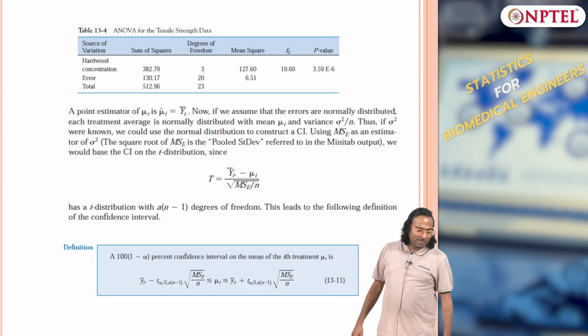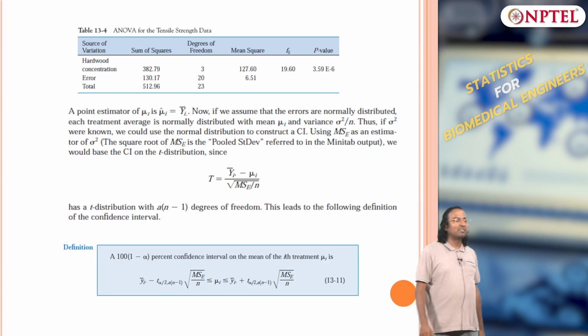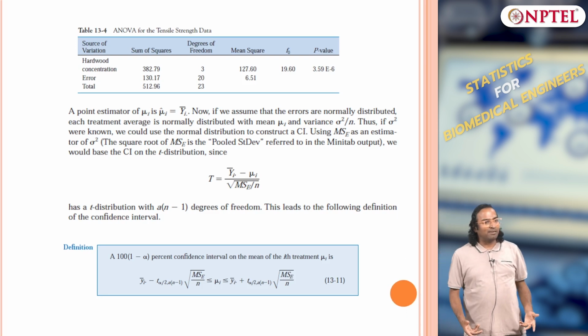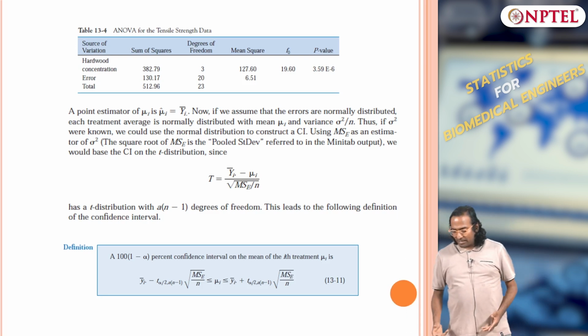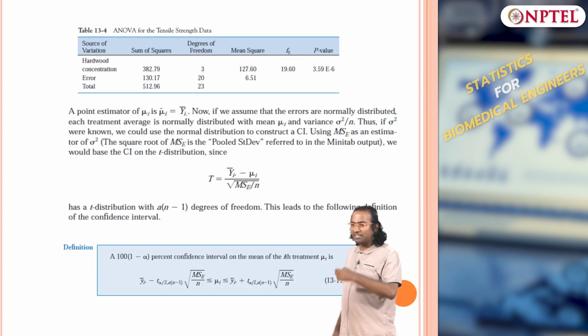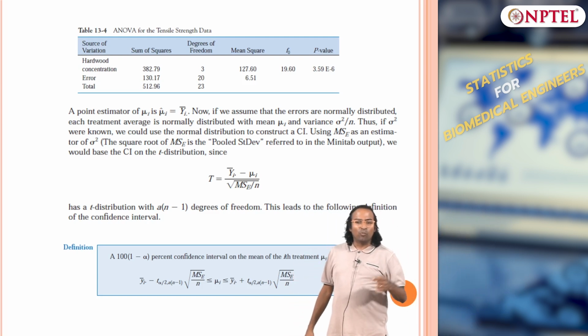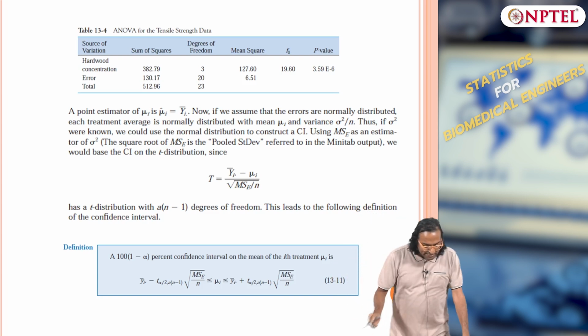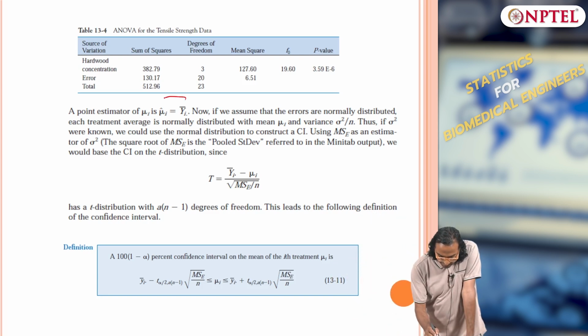So, we need an estimator of treatment mean. The estimator of treatment mean is what? For each treatment, yi dot bar is a point estimator of mu i.